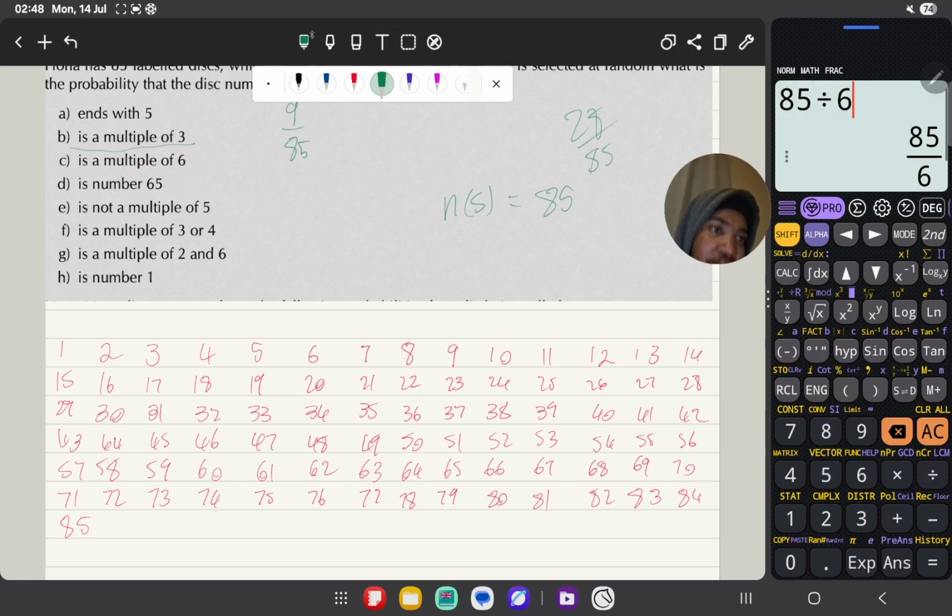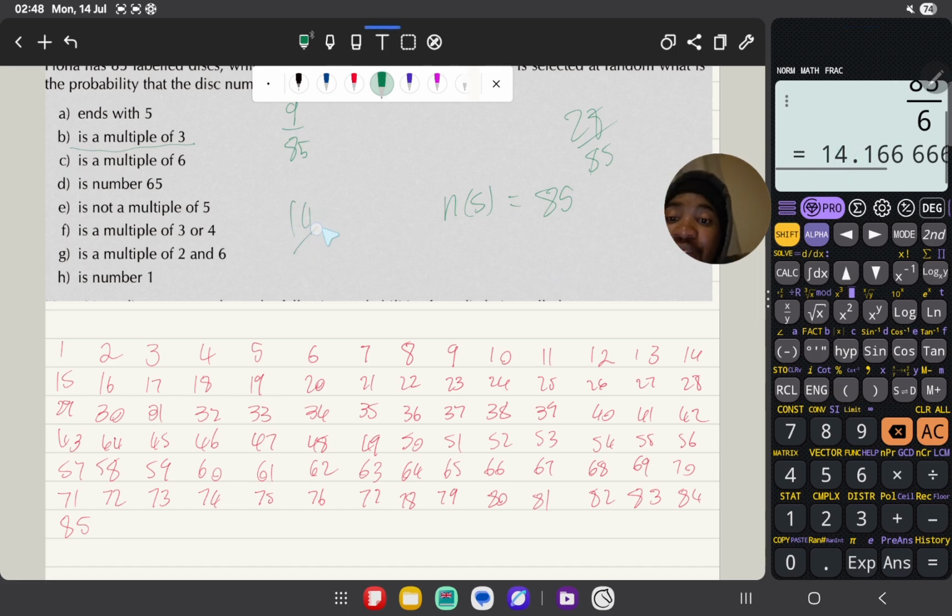And then multiples of 6, let's do the same thing. 85 divided by 6, so there are 14 numbers, so you will say 14 over 85, right? For the number 65, this one is just going to be 1 over 85, because there's only one 65. I want to move very fast here. It's a boring example.